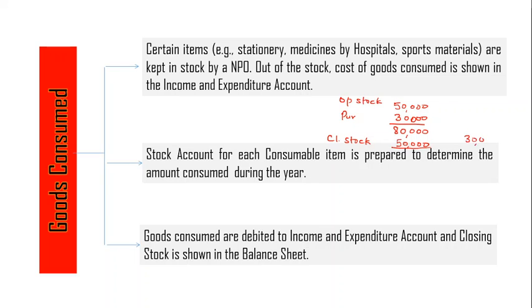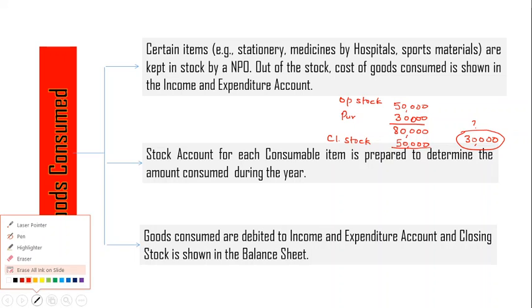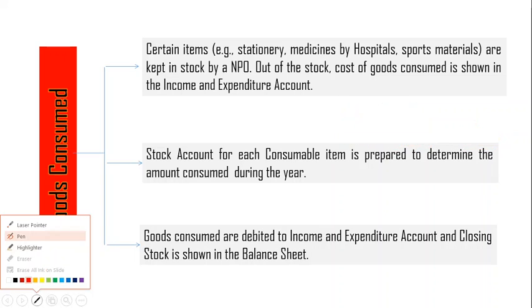That 30,000 is the amount which is consumed during the year. So this is what we have to calculate, and this is what we have to debit in our income and expenditure account. So in simple terms, we can say that if this amount is given, we can calculate it this way: purchases plus opening stock minus closing stock.